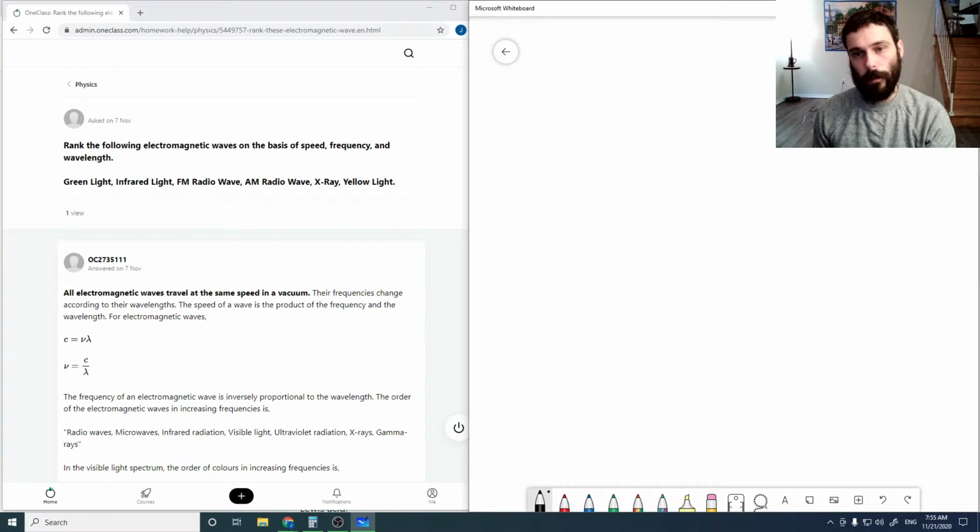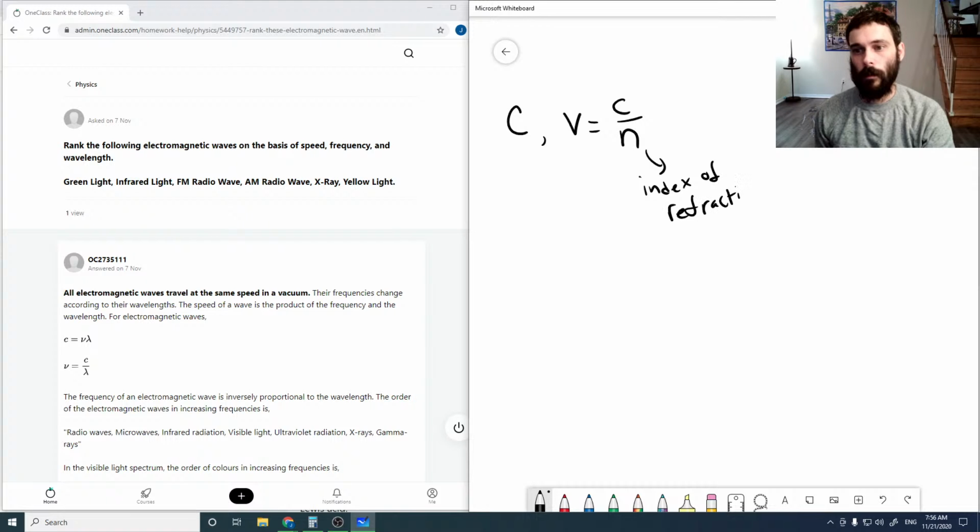So as far as speed goes, all electromagnetic waves travel at the speed of light, or in a medium, it'll be c over n, where n is our index of refraction. So all these electromagnetic waves all travel at the same speed.